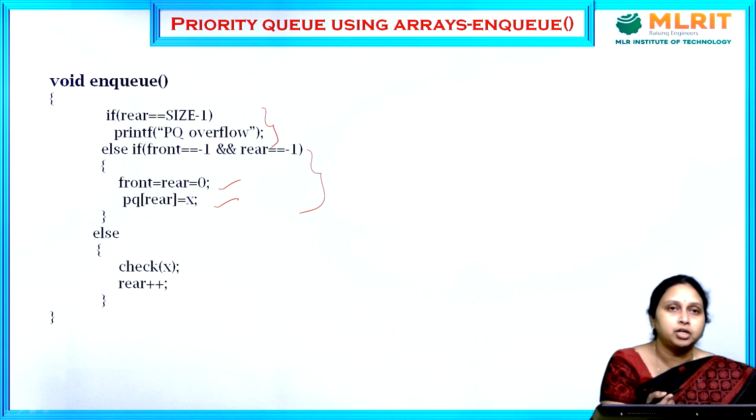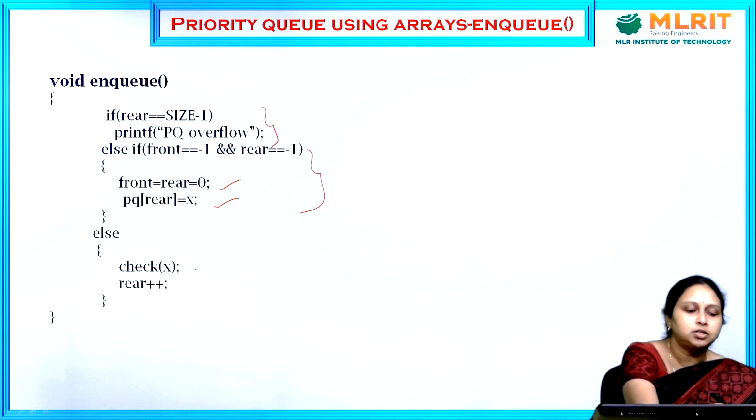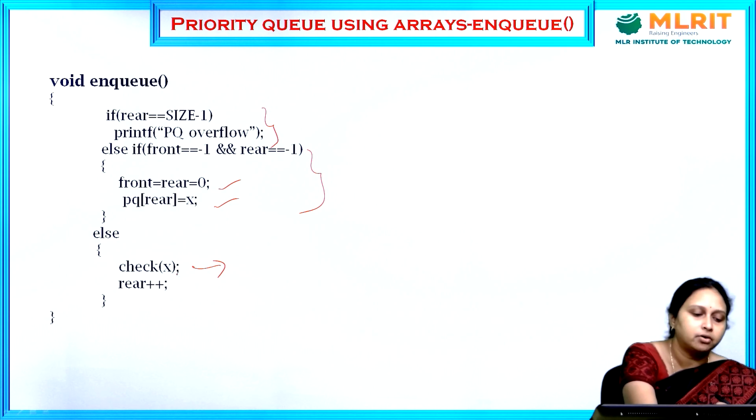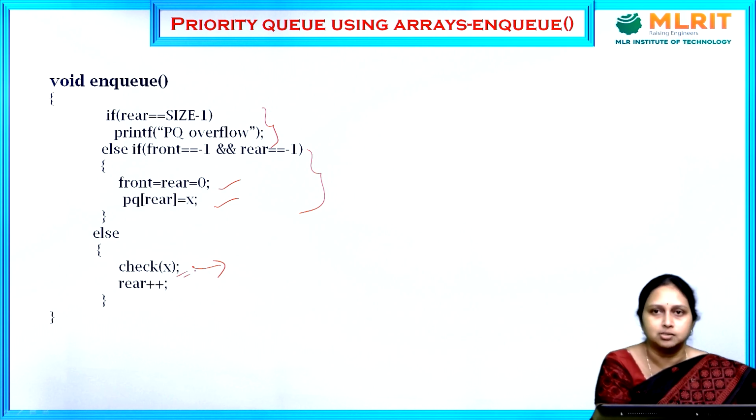And when you insert the second element, the first element you do not have any problem. From the second element onwards, we need to check whether we are inserting in the correct position or not. For that, we are going to write the check case. Then let us see what is going to be written in the check case, right.